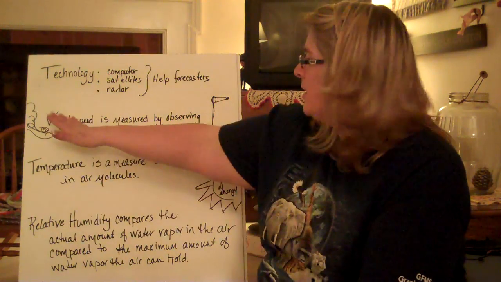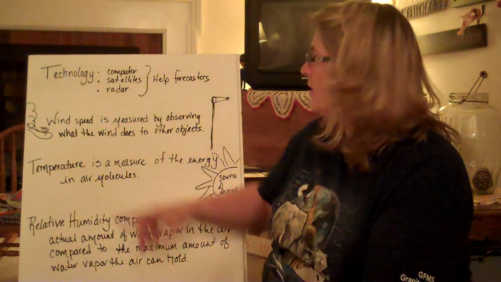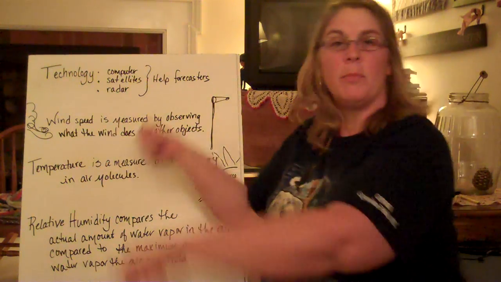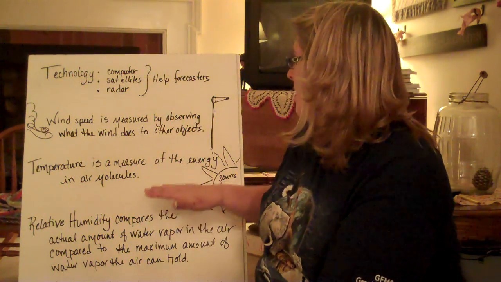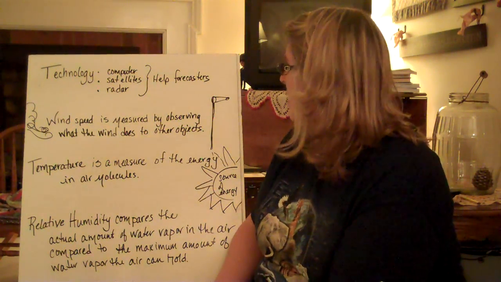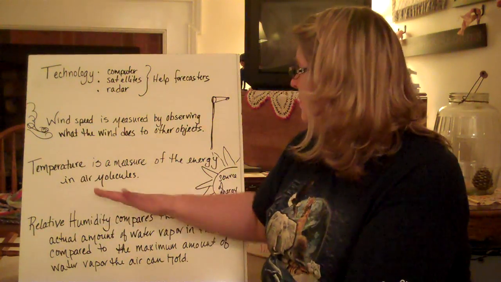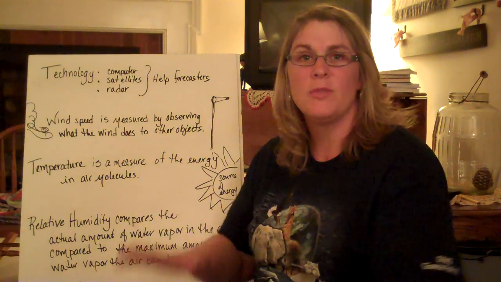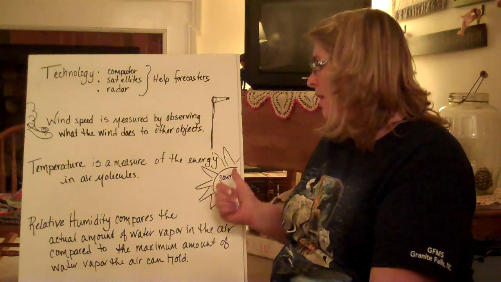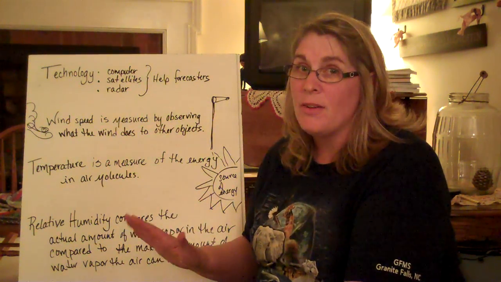But when they're doing that, wind speed is measured by observing what the wind actually does to other objects. Here we have a windsock blowing out to the side. That's a very traditional way to measure wind speed. Or actually, you could have an anemometer that would do that. Temperature is measured by the energy in the air molecules. Where does the energy come from? The sun. Relative humidity is something we know an awful lot about here in North Carolina.